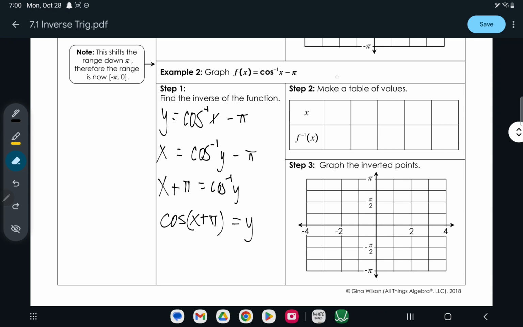Okay, I was going to start at doing 0 to pi as the coordinate points. But if we have a little shift here, we go left pi.